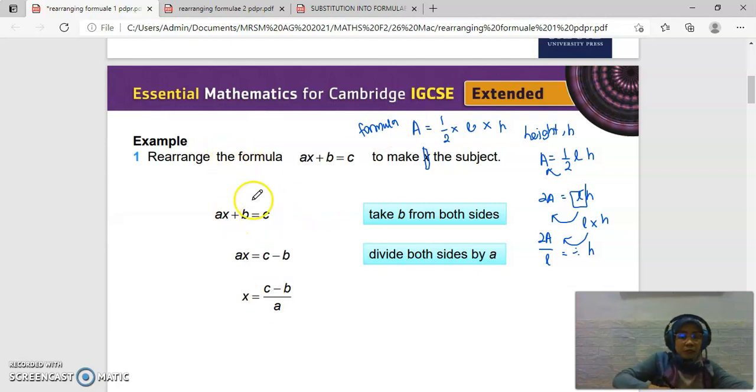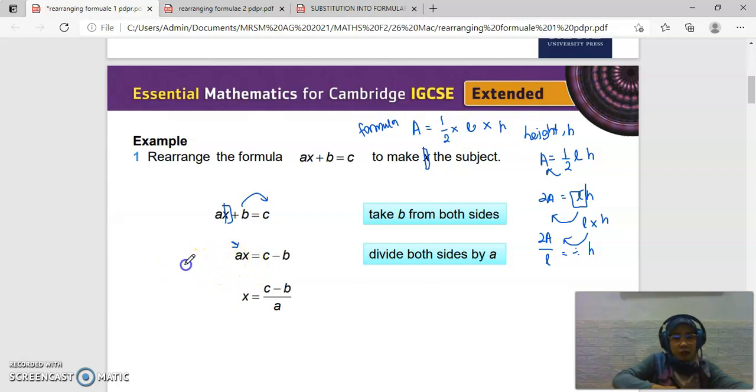So what is the unknown? The unknown except x. We bring b to the right. Because this one is positive, when you bring b to the other side, it will be negative. Then you can see there is still the unknown a left. What happened between a and x?